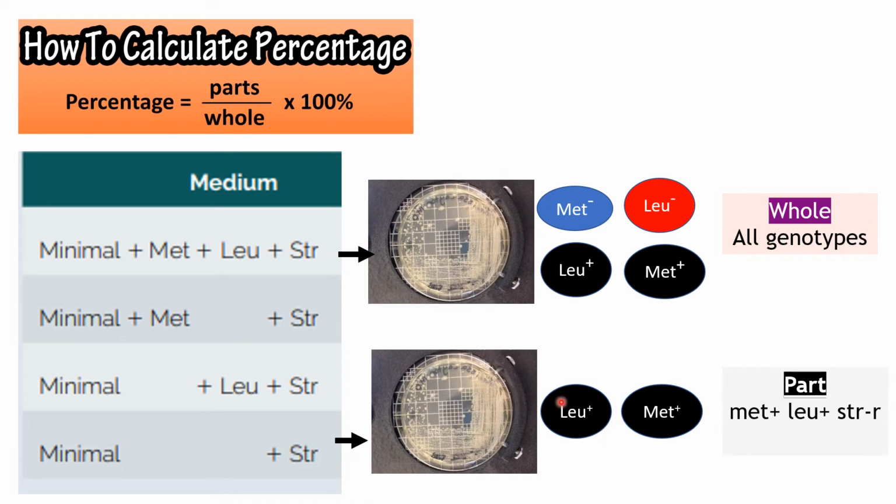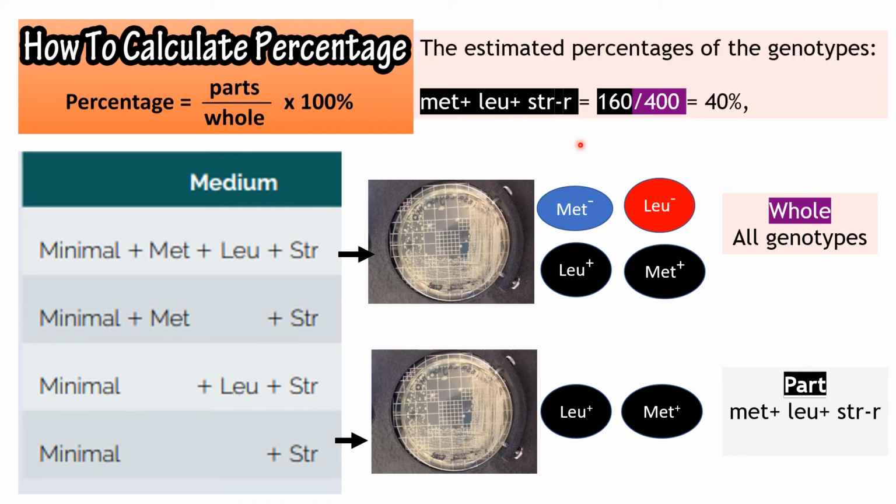So pretty easy. You just divide 160 by the whole, which is 400, and you get 40%. This was the easiest one. You didn't have to subtract anything. You just divide the part by the whole, as shown here.